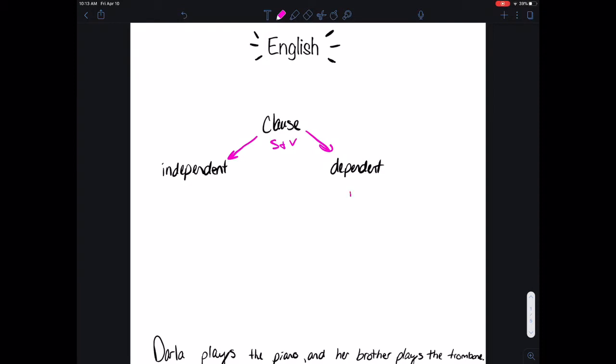These are specifically going to be our noun clauses, our adjective clauses, and our adverb clauses. Now, independent clauses can have some different things that go along with them as well. It could be a simple sentence, a compound sentence, or a compound complex sentence, but we'll get to that in a minute.